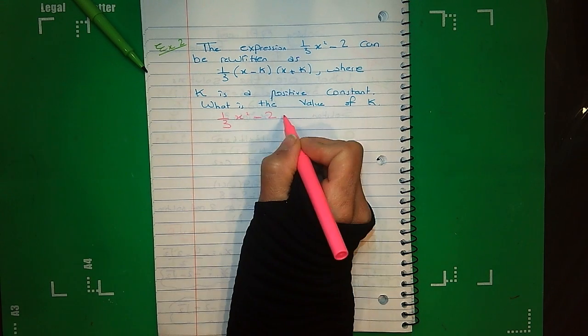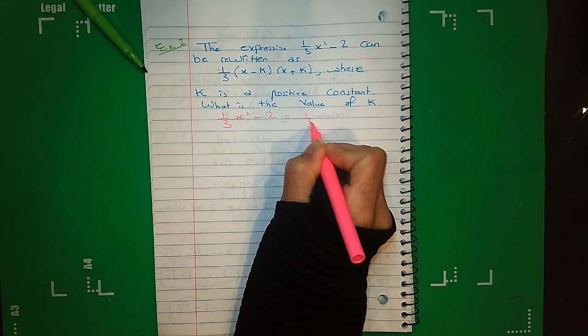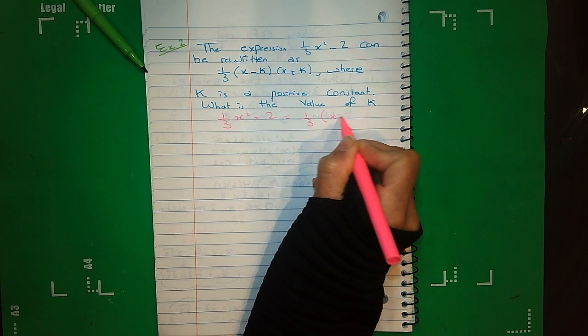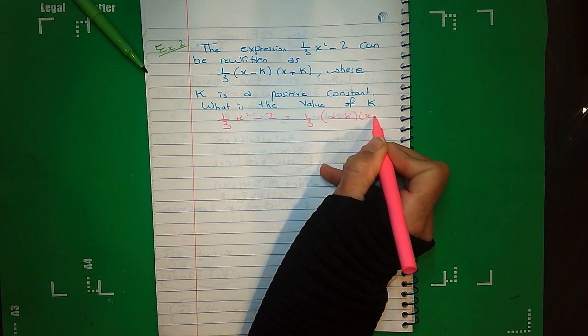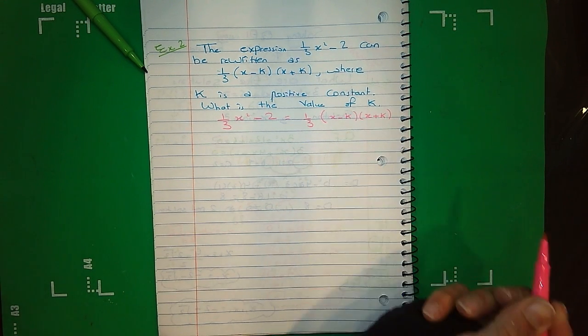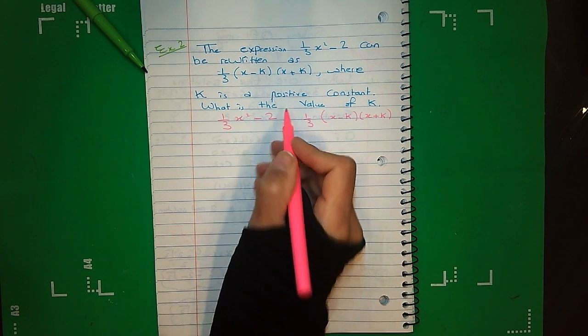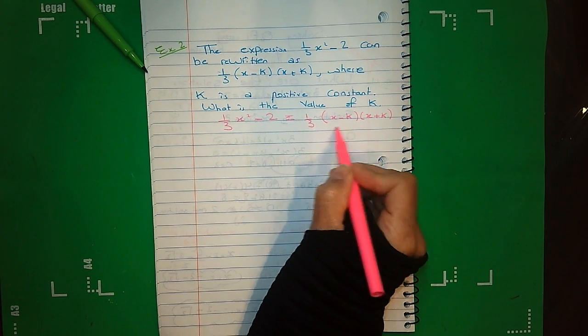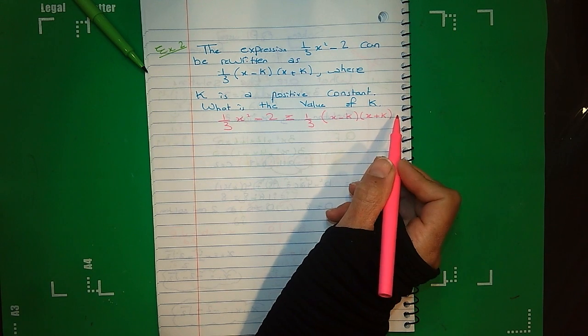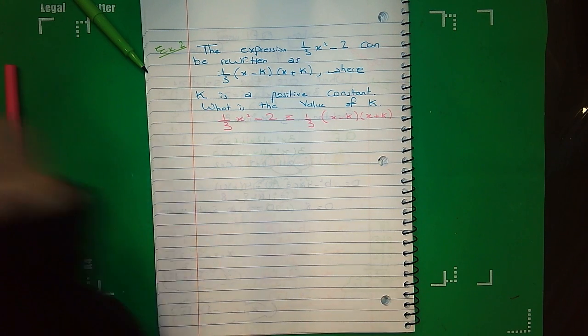And then what we're seeing on the other side is a factored form, right? So in order for me to find the factored form, and we talked about this a few lessons back, I'm going to write it down for you.